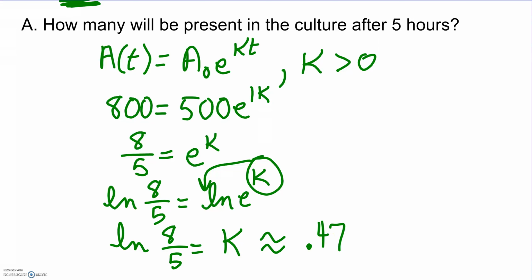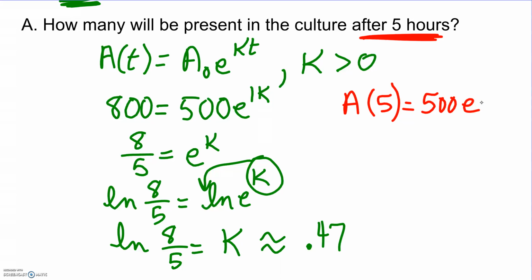You could put that in your calculator, and that turns out to be about 0.47. So when we're asking then how many will be present in the culture after 5 hours, we now do a t of 5. So we take our initial amount, which was 500. We now know that k is this 0.47 number, and then we multiply that by 5 because that's our amount of time.